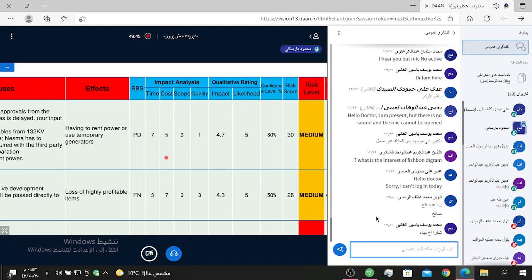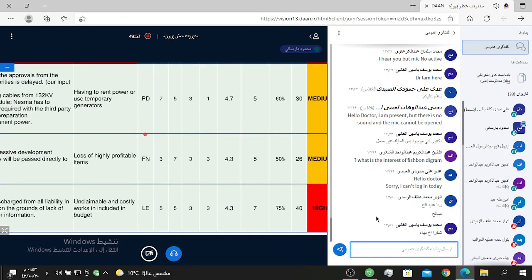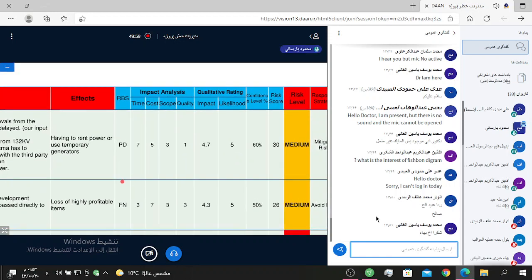I explained, in RBS, risk breakdown structure, for example, PD or FN or LE. These are the categories in our RBS in the risk management. These are categories, abbreviations of categories.